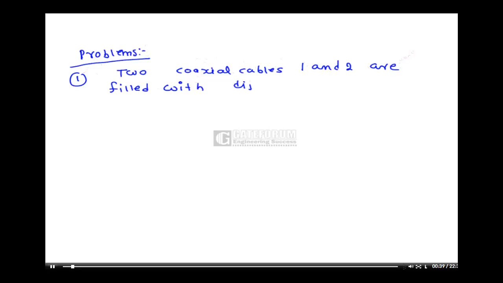The first problem is: two coaxial cables, one and two, are filled with different dielectric constants, epsilon R1 and epsilon R2 respectively.